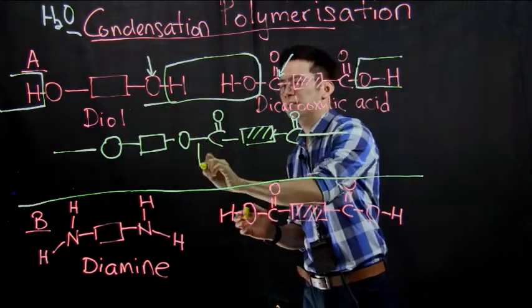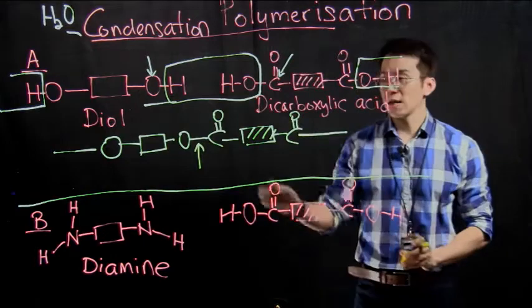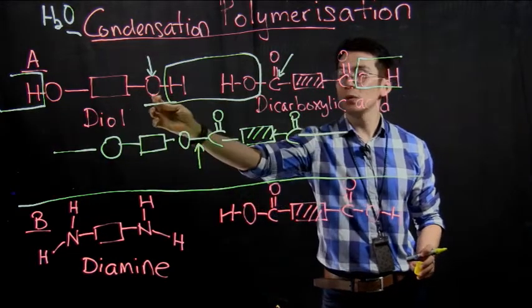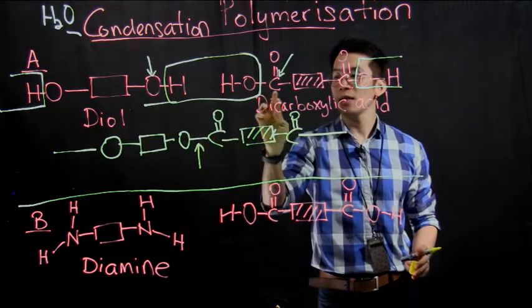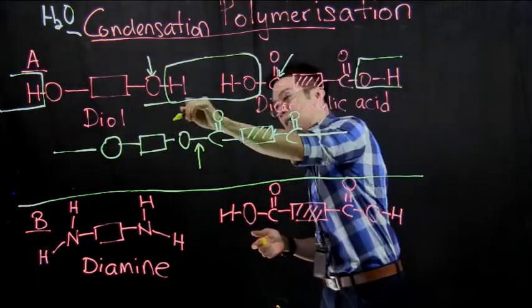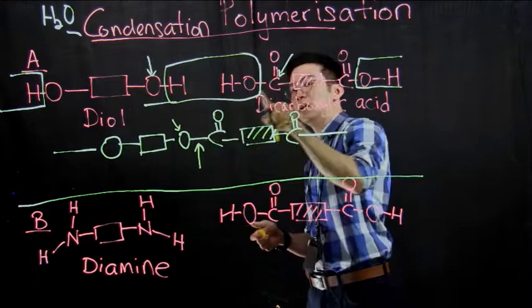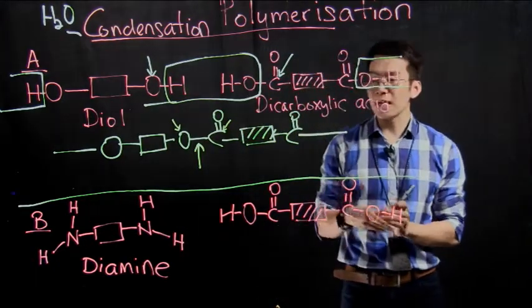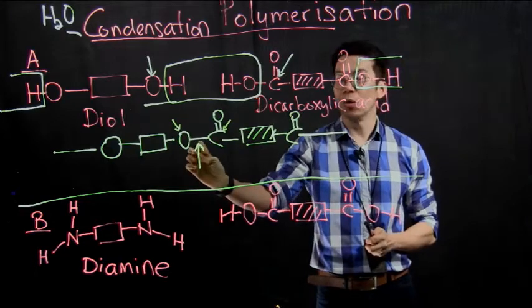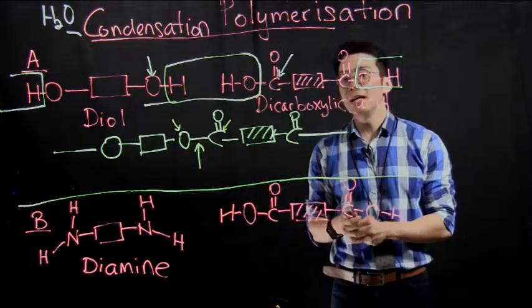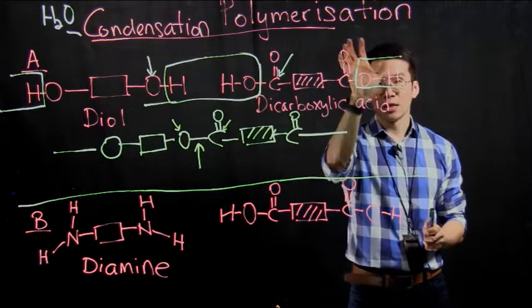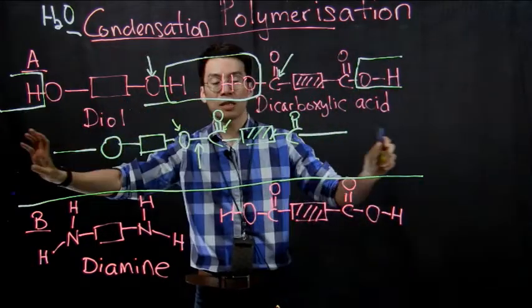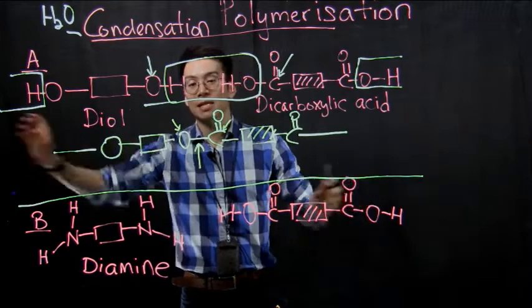It is this part here, right? This is the new bond that has been formed between this oxygen and this carbon. So this oxygen is this oxygen, this carbon is this carbon, and they come together to form this CO bond here. Similarly, over here, this OH is also removed, this H removed, and they continue to form an ester linkage.